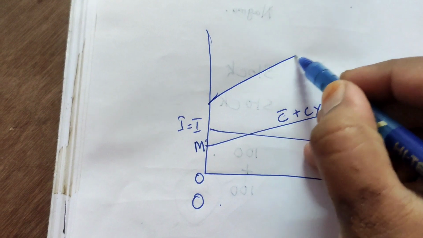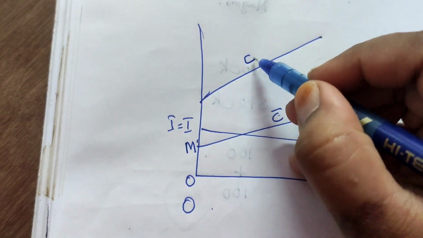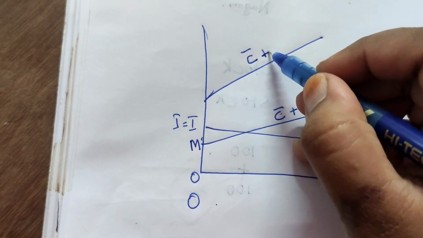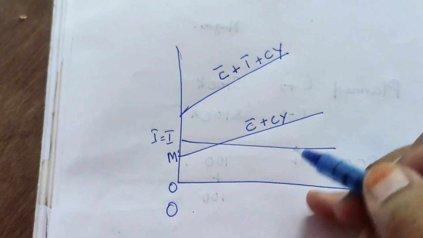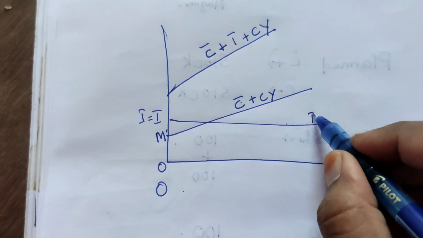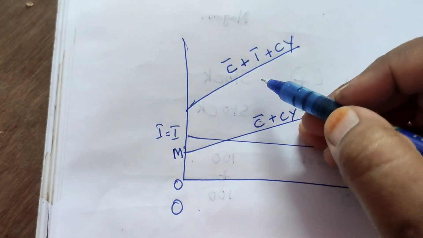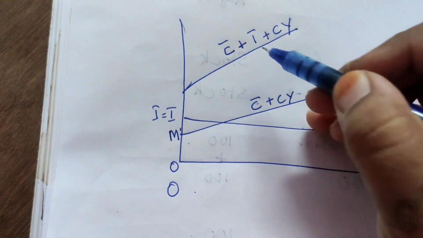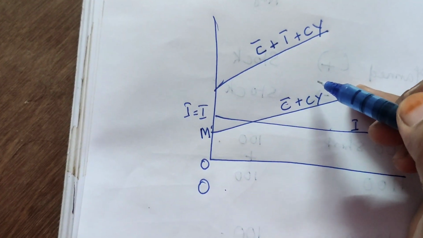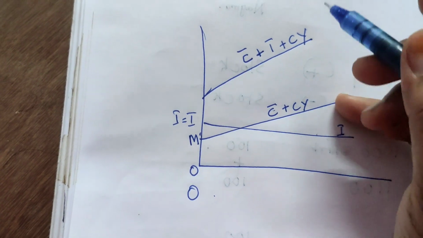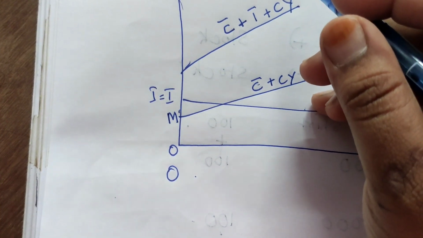When you add these, you will get another line, which is the aggregate demand: autonomous consumption plus autonomous investment plus induced consumption. This is considered the aggregate demand function, which can be obtained in a graphical manner.